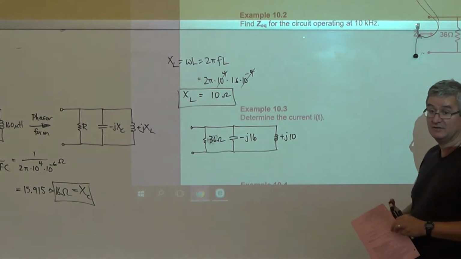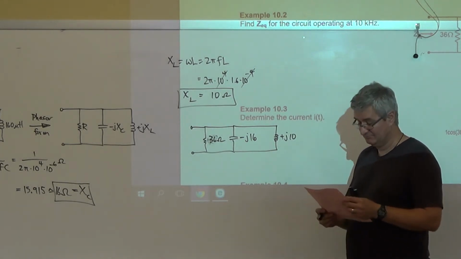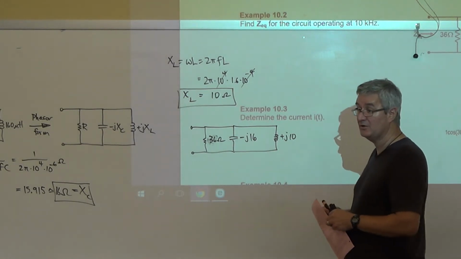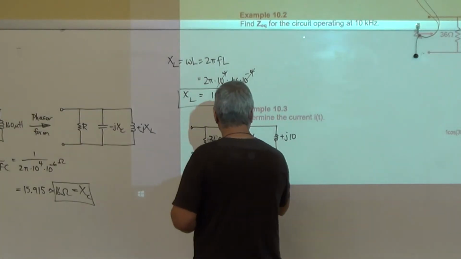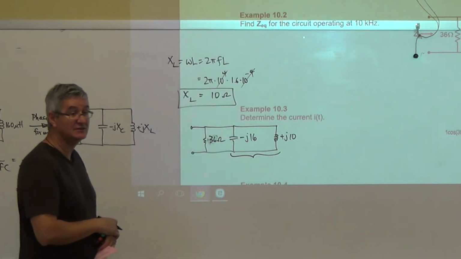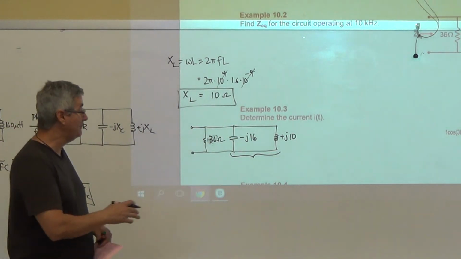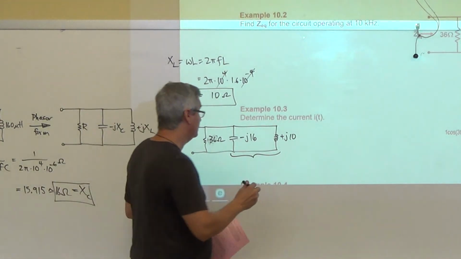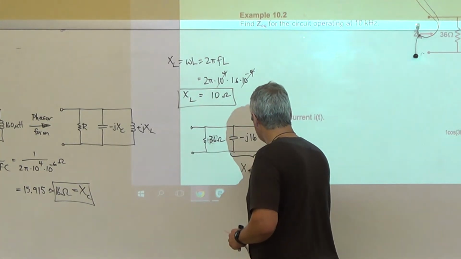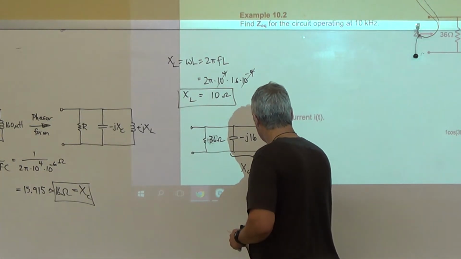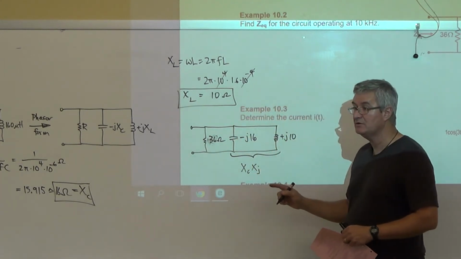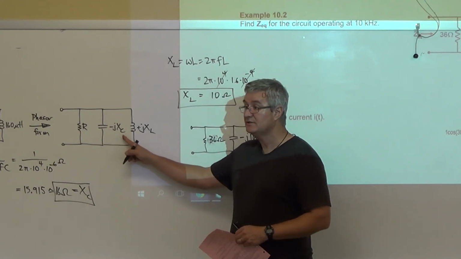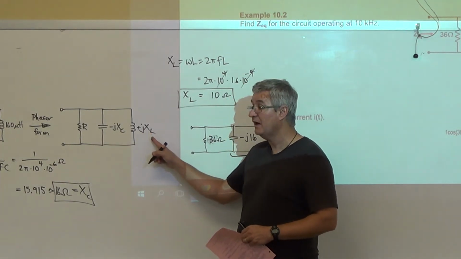So what I want to do now is this. How would you add these things? What I'd probably do here is connect these guys together first. What happens if I have two resistors in parallel? It's the sum of these guys, right? So if I multiply these two together, I'm going to get minus JXC times JXL.